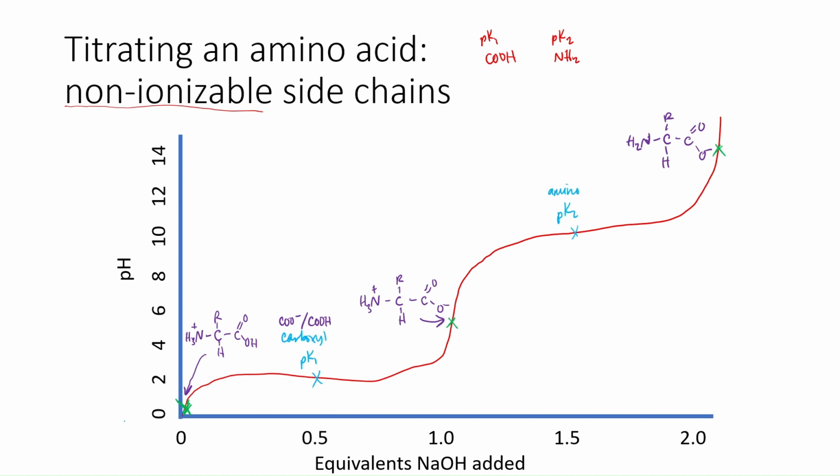So when we're looking at our pK2 for our amino group, we have about half of our positively charged amino group and half of our neutral charged one. And so like we started with, this is an amino acid with a non-ionizable side chain. So it's going to have two equivalence points that we pointed out here, and it has the two pKs, which are halfway between the equivalence points.